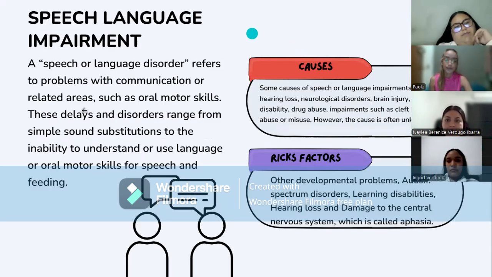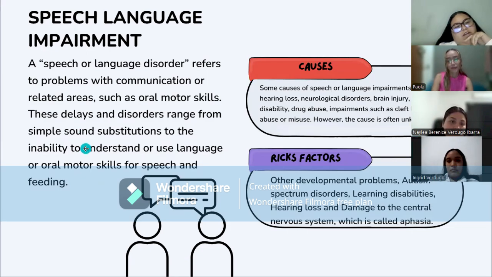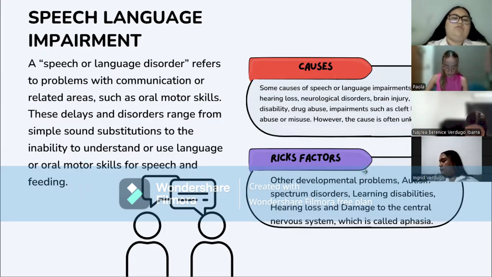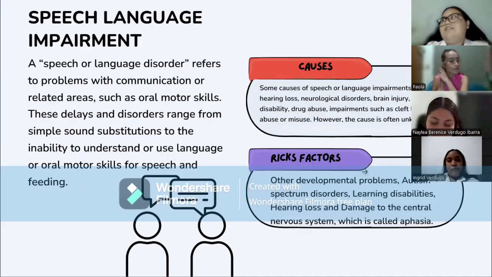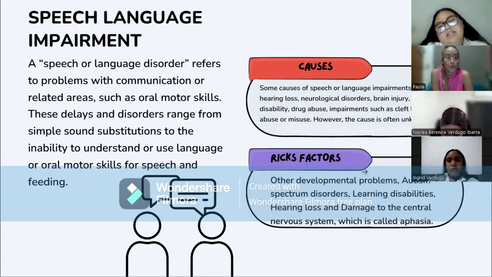Speech language impairment. A speech or language disorder refers to problems with communication or related areas, such as oral motor skills. These delays and disorders range from simple sound substitutions to the inability to understand or use language or oral motor skills for speech and feeding.